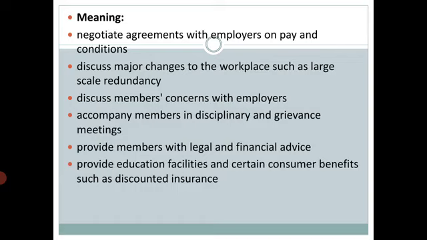Then these trade unions, what do they do? They discuss major changes to the workplace, such as large scale redundancy. They discuss member concerns with the employers, accompany members in disciplinary and grievance meetings, provide members with legal and financial advice, provide education facilities and certain consumer benefits such as discounted insurance, etc.